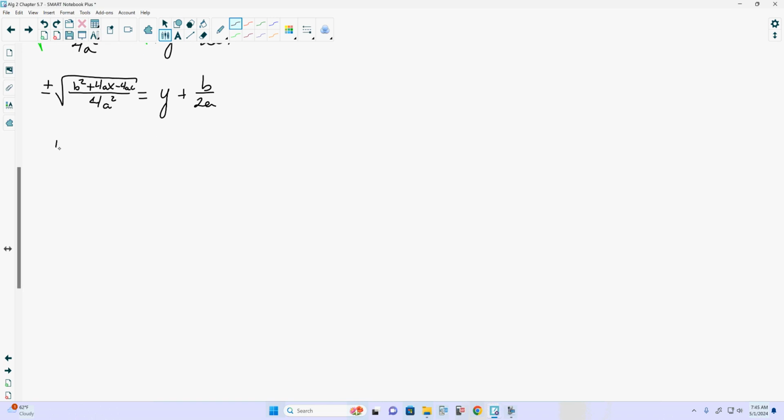Now, before we start finally getting y by itself, I do want to simplify the radical a little bit. Because the top, our b squared plus 4ax minus 4ac is still going to be there. But our 4a squared on bottom, we can take the square root of it and get 2a.